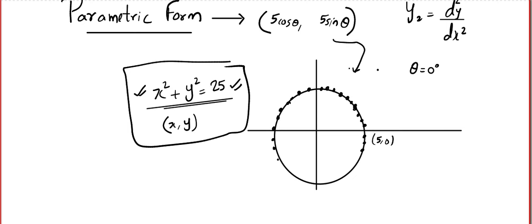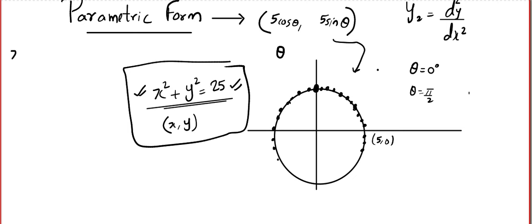If I put theta equal to something else, I will get 3 comma 4. If I put theta equal to 90 degree, I will get 0 comma 5, this particular point. If I put theta equal to 180 degree, I will get this point. Like that, this theta will generate every coordinate in this circle.